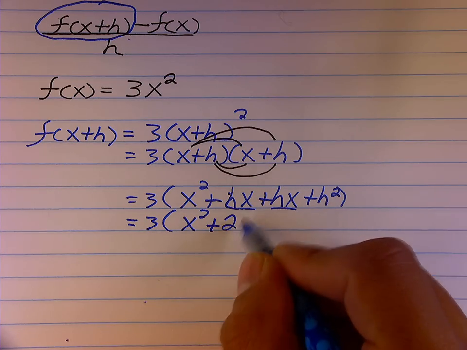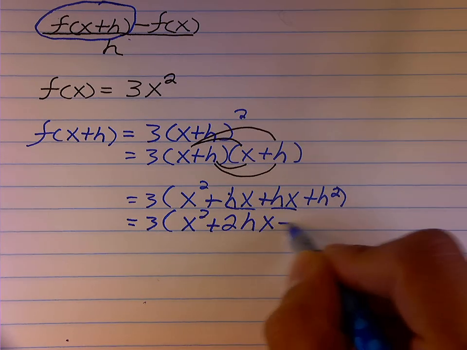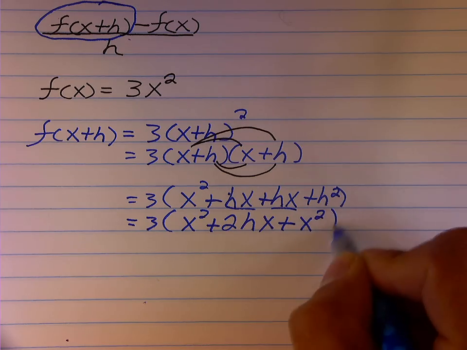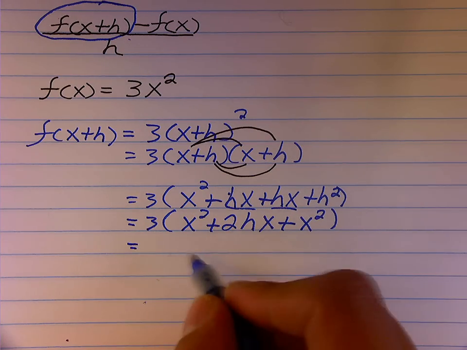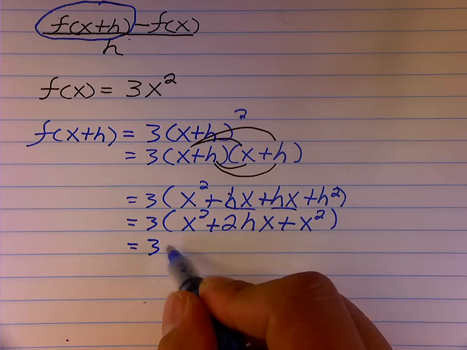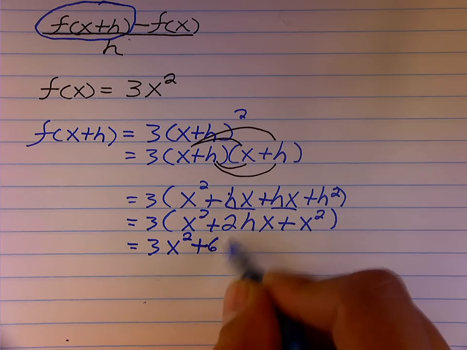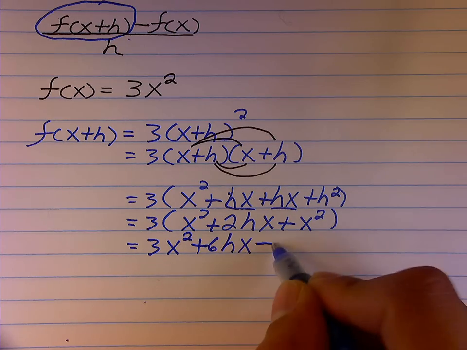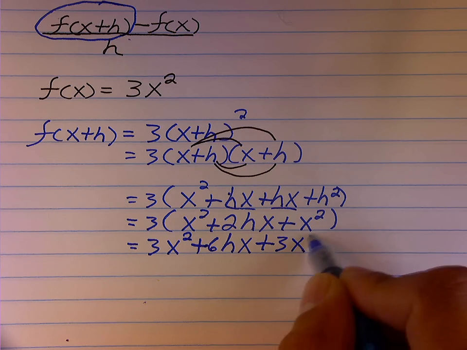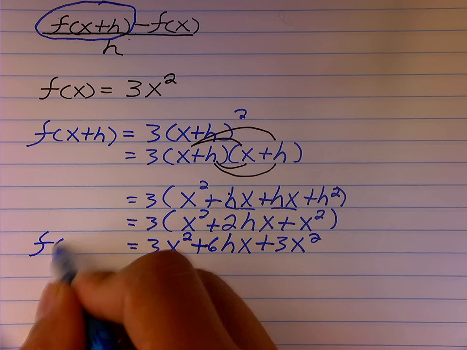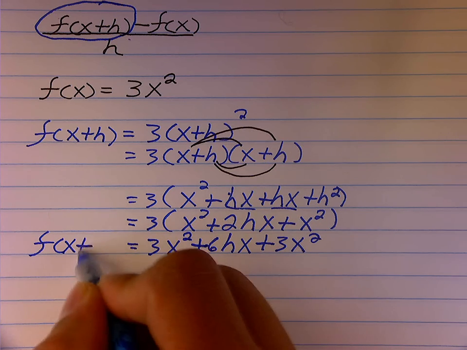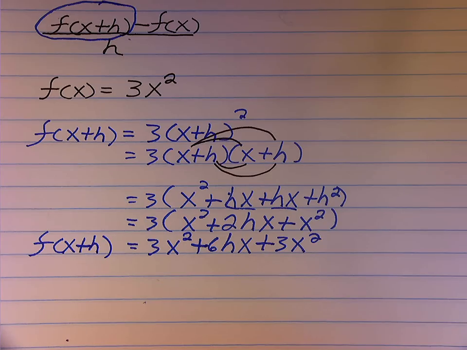I have 2 of these hx's. And last but not least, I'll use a distributive property with my 3. And what I have calculated right now is merely f of x plus h.